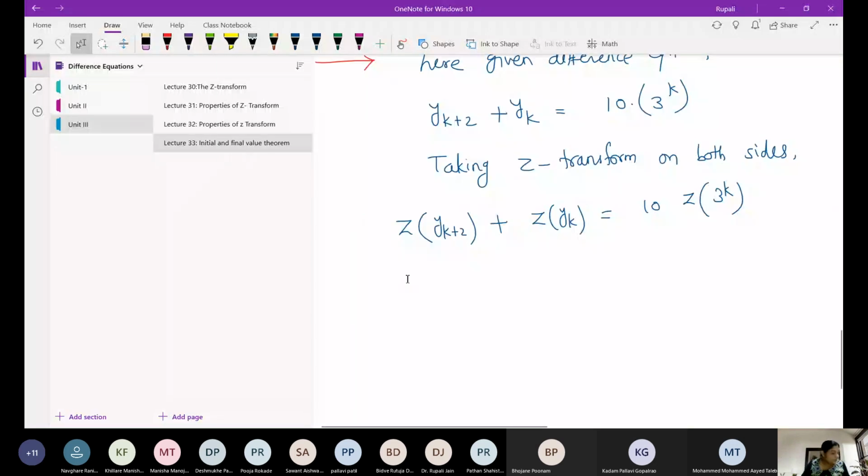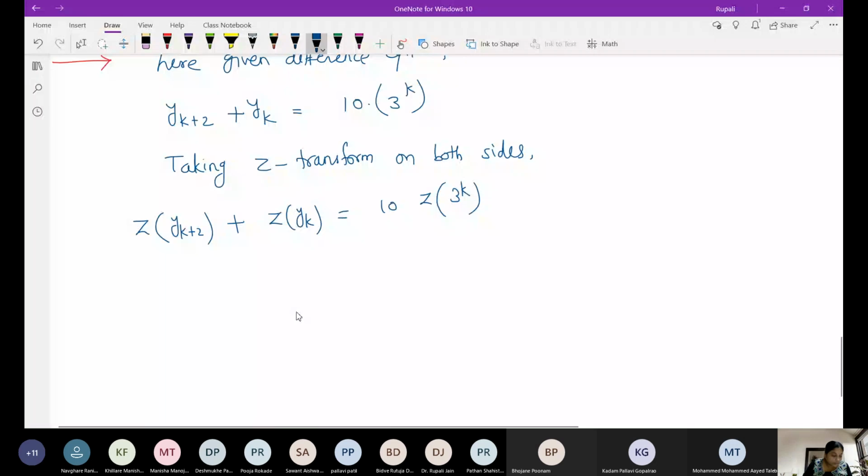So I can write directly z square Y(z) minus y0 z square minus y1 z, plus this is nothing but Z of y(k), Y(z).